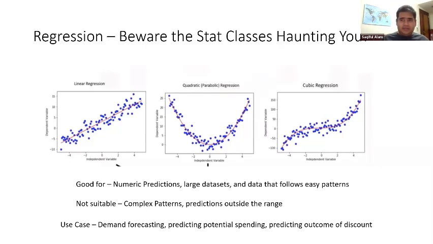Say I found an equation like this: sales is equal to 1,000 plus 50 times the number of advertisements. This basically tells me that if I don't show any advertisement, my sales will be 1,000. If I show a single advertisement, my sales is going to increase by 50. If I show two advertisements, the sales is going to increase by 100. So marginal increase of 50. This is very easy to explain to anyone.